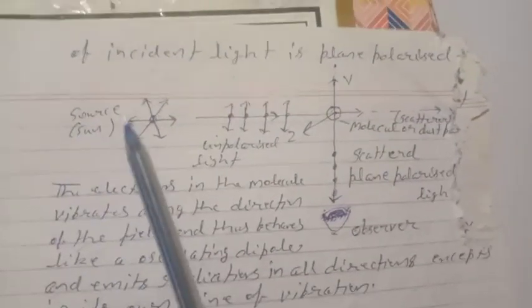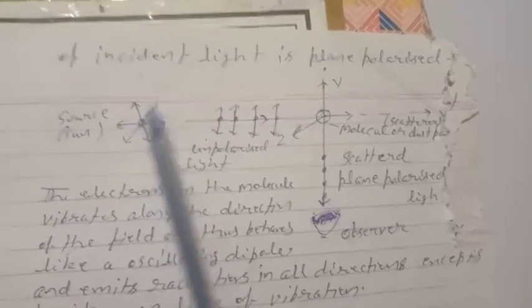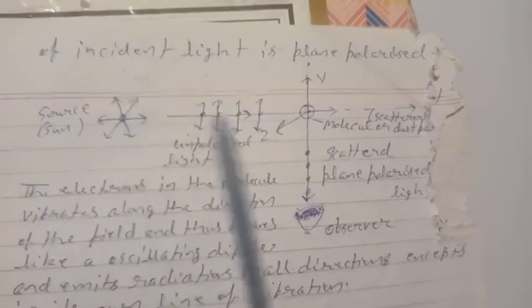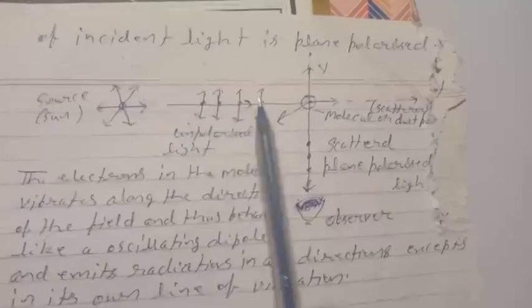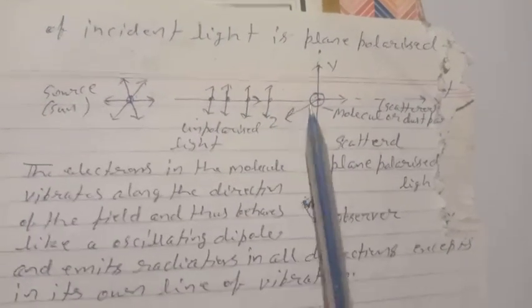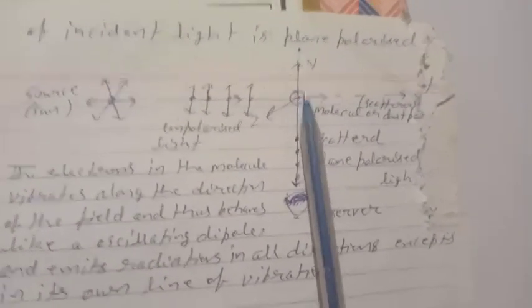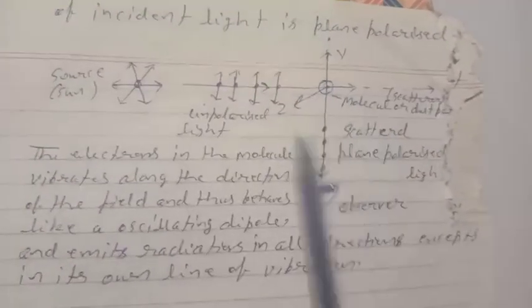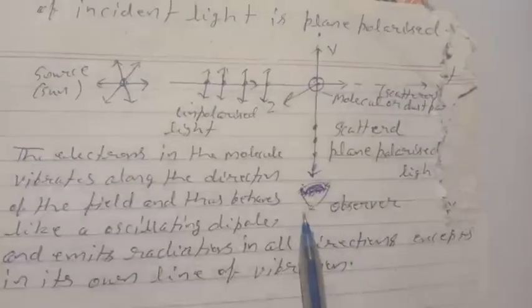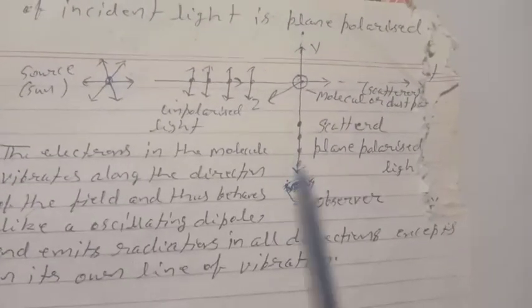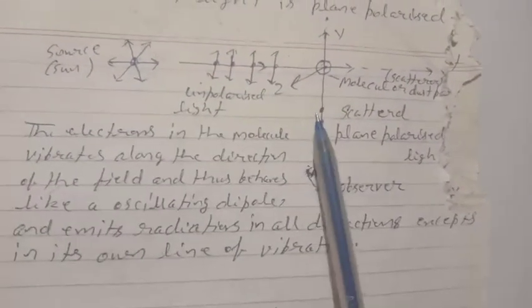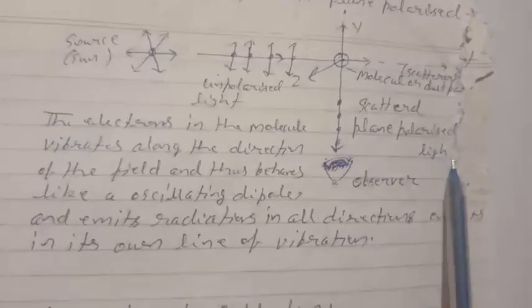Here the source is shown, the sun, and unpolarized light is passing, and it strikes a molecule or dust particle and is scattered in this direction. In this direction, the scattered light is plane polarized light.